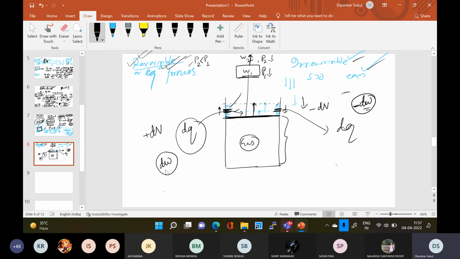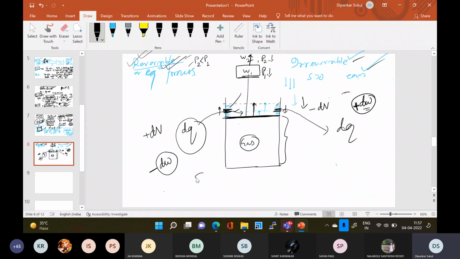Here the dW will be negative actually, because your system is doing work, and here the surrounding is doing work, so here the dW will be positive. So this is the case for a reversible or equilibrium process.